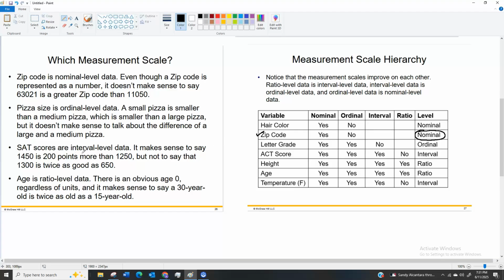And then SAT scores are interval level because that's a measurement. If you're talking about scores, it does make sense to say that a 1450 on the SAT is 200 points more than a 1250, but it doesn't make sense to say that somebody who got a 1300 did twice as well as somebody who got a 650.